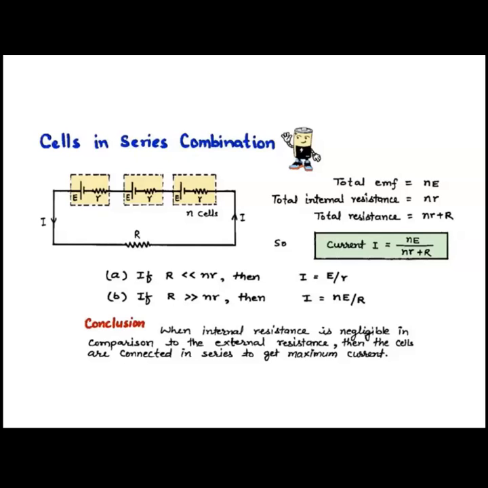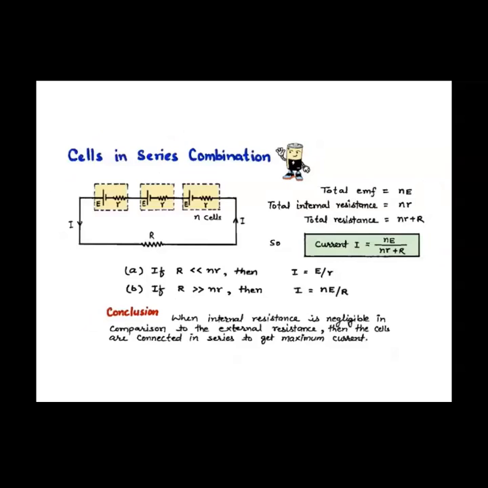Right? So cells can be used in series, they can be used in parallel, or they can be used in a mixed way. So let's start with the cells in series combination. When are the cells said to be connected in series? As you can see on your screen, children, the negative of cell number 1 is connected to the positive of cell number 2.